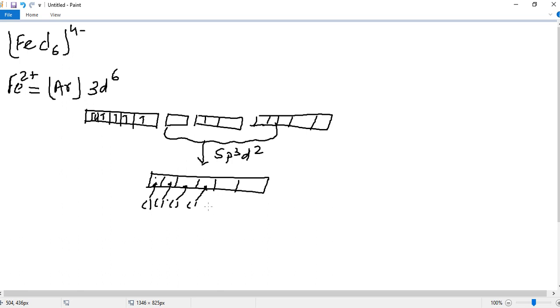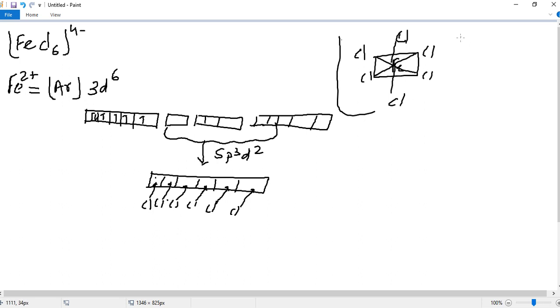It means chlorine, p orbital of chlorine will overlap with sp3d2 hybridized orbital of Fe2+, and then by this way क्या बन जाएगा, ऑक्टाहेड्रल कॉम्प्लेक्स बन जाएगा. मैं ऐसे बना देता हूँ, अब जैसे अपन बनाते आ रहे हैं, क्लोरीन क्लोरीन क्लोरीन क्लोरीन एंड वन मोर क्लोरीन इज हेयर. दिस इज स्पेशल अरेंजमेंट अकॉर्डिंग टू वर्नर, राइट. और सेंटर में यहाँ पर Fe ही रहेगा और ऊपर ये हो जाएगा, ये आपका हो गया कोऑर्डिनेशन पॉलीहेड्रा.